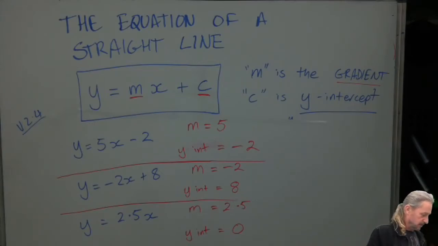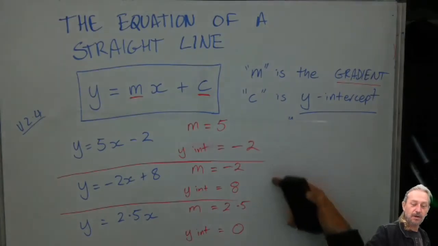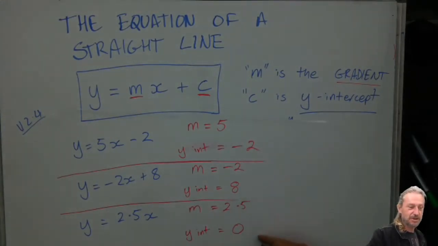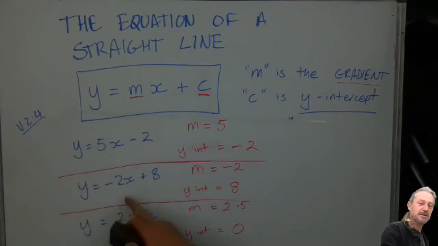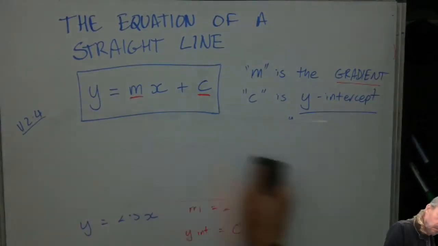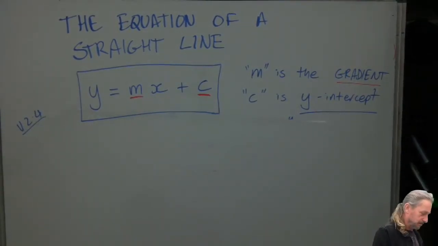So these next 3 examples are essentially going in the reverse direction. So we start off with this information and then we write it out as an equation. So let's rub that out.